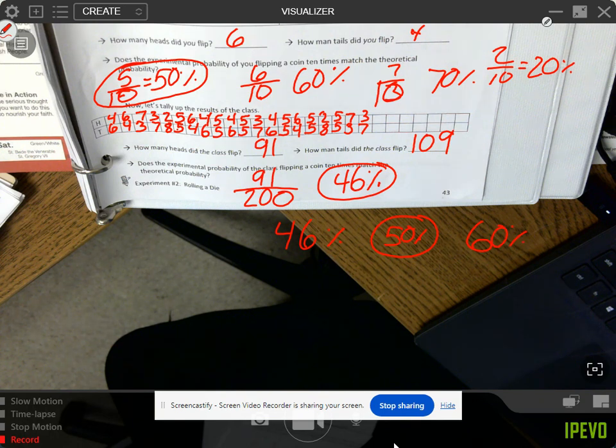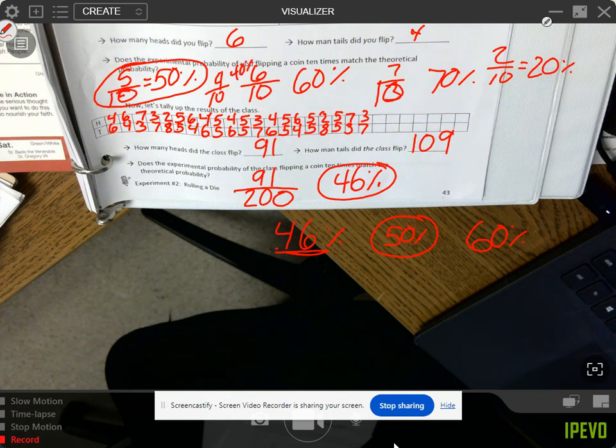Well, some of us, I see 3. Which one is closer to 50%? 46. It's only 4 away. 60% was 10 away. So if we had done the 4 out of 10, that would have been 40%.